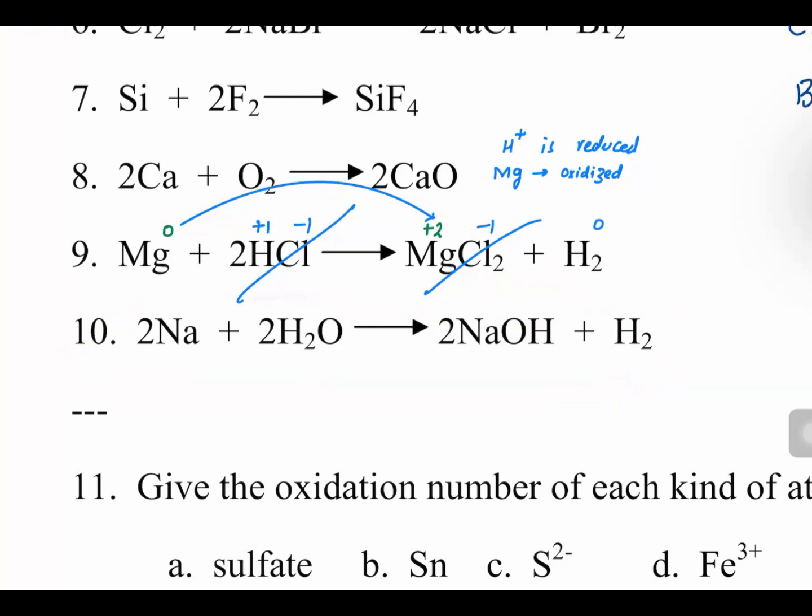And in 2H2O, the oxidation number of H is +1, and for oxygen, it is -2. Exactly. So after the equation, we lose one hydrogen atom. So we can say that hydrogen is reduced. Remember, sodium is always +1, because this is in group 1.